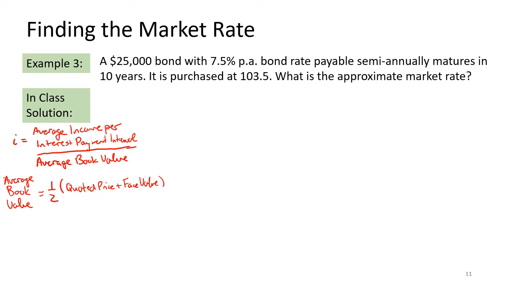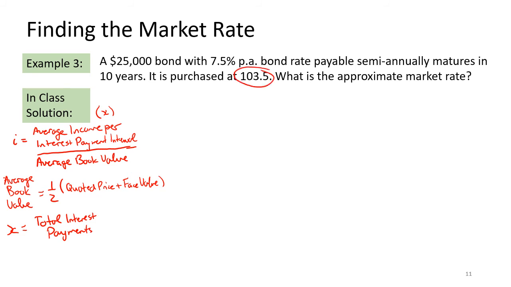Our numerator, the average income per interest payment interval, I'm going to call that X so I don't have to write it out. To figure out what X is, the average income per interest payment interval, that's equal to our total interest payments. In this case, we see that it's purchased at 103.5.